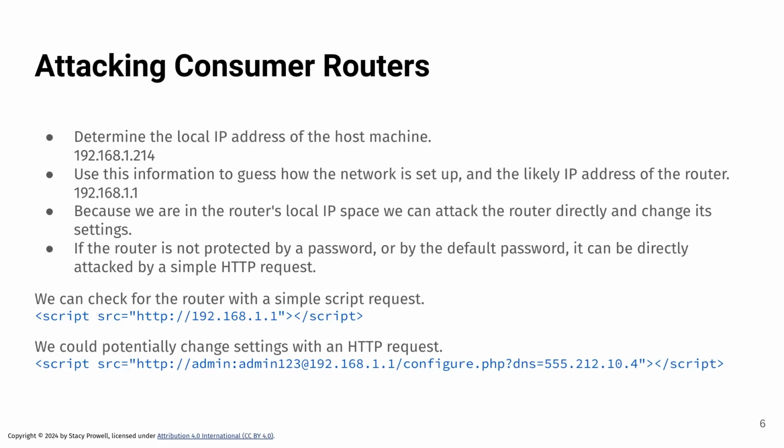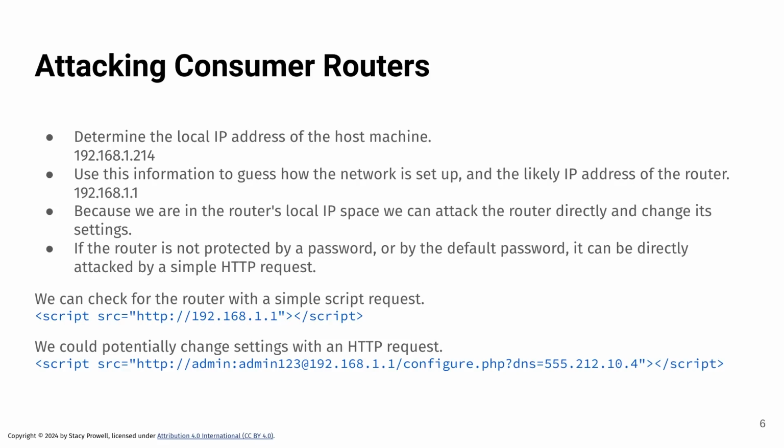It was not great. And if you didn't change it, it would have stayed that. So once I know that, it can be directly attacked by a simple HTTP request. So we could check for the router with a little script request. Either that's going to work or it's not, and we can see whether it worked or not, and then we can take action based on that.